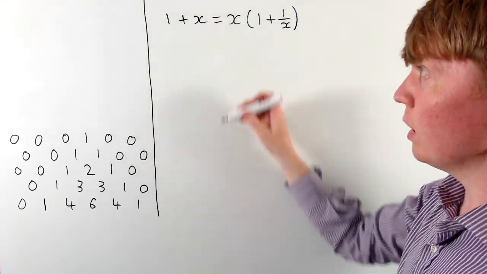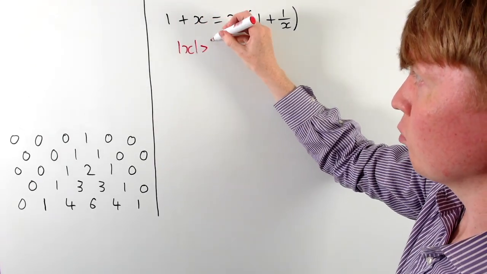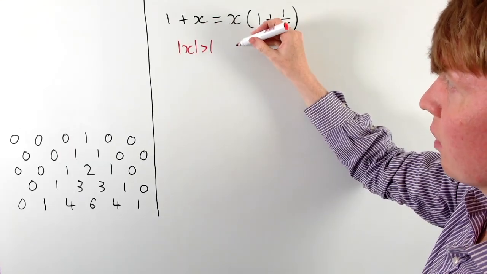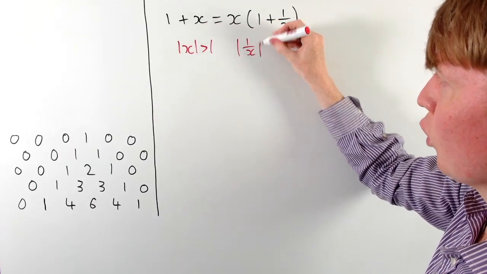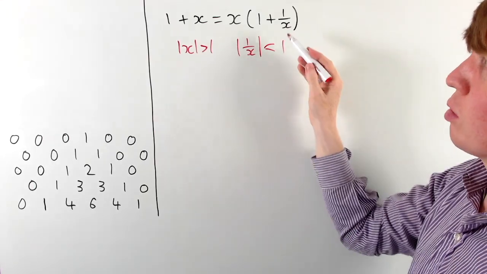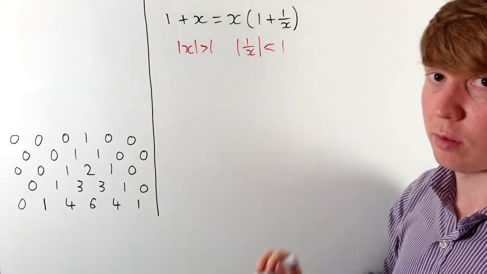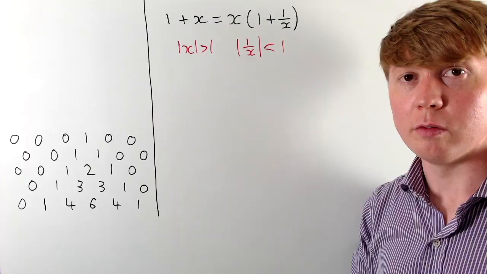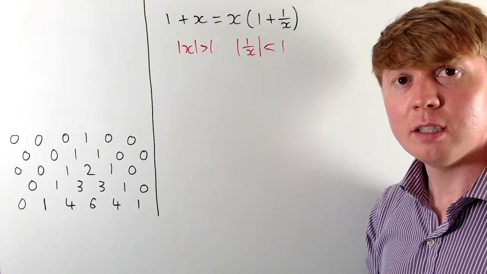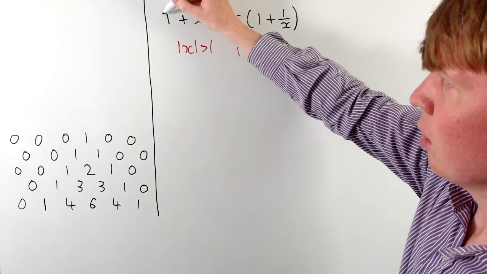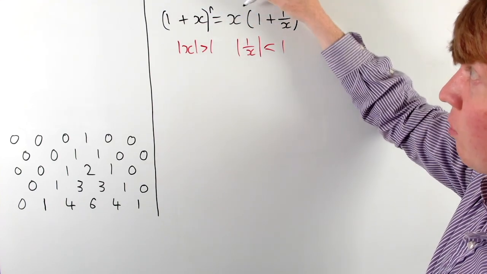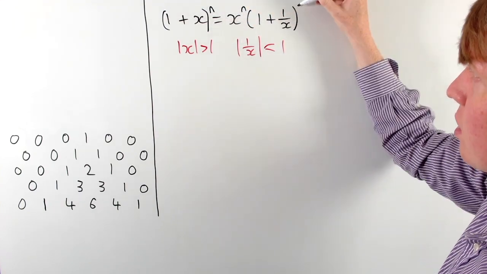So here, even where the modulus of x is greater than 1, this is the same as saying that the modulus of 1 over x is less than 1. So we could work with the binomial expansion of this 1 plus 1 over x, because 1 over x is less than 1 in modulus. And we can just raise everything to any power n here, and this equation would still be valid.